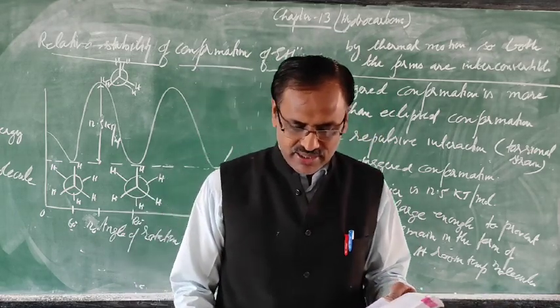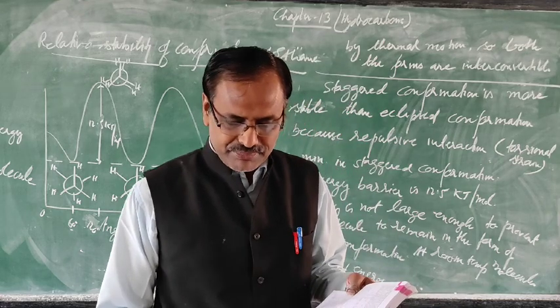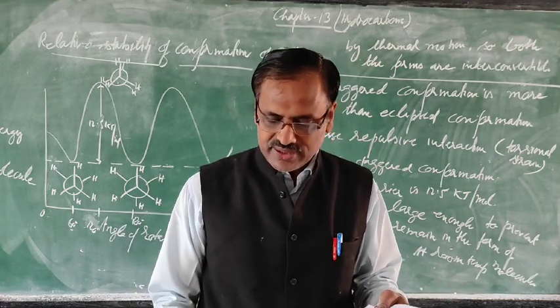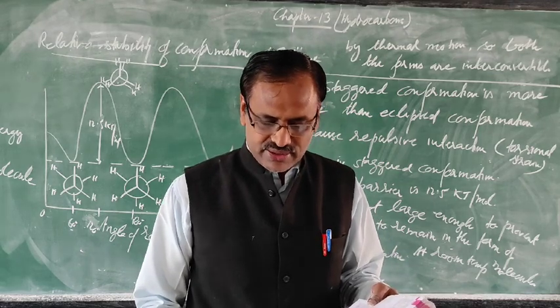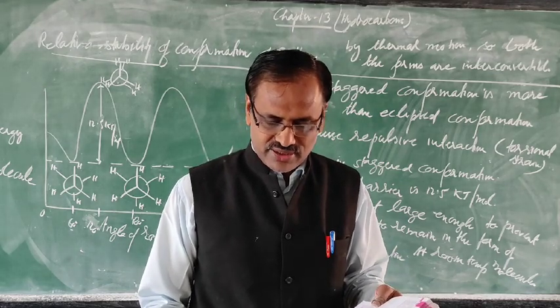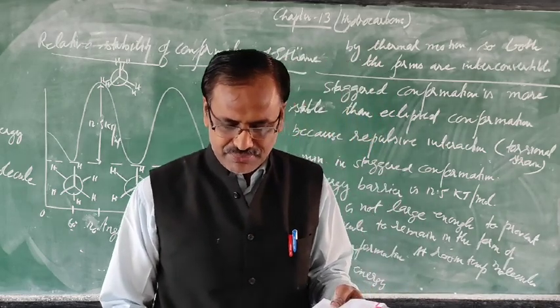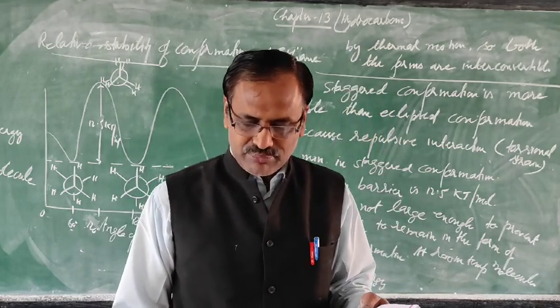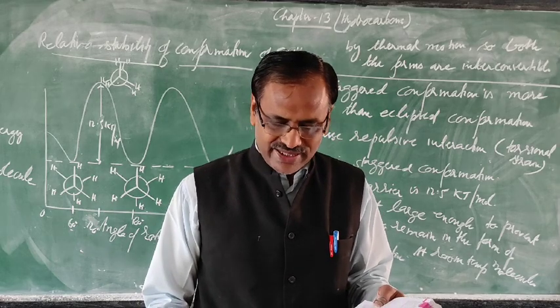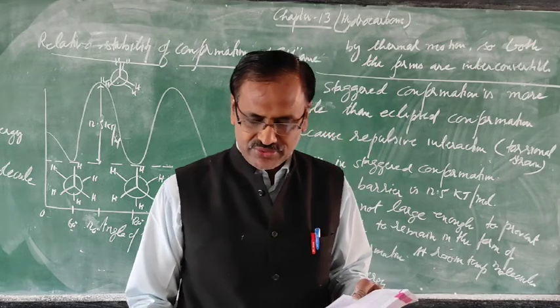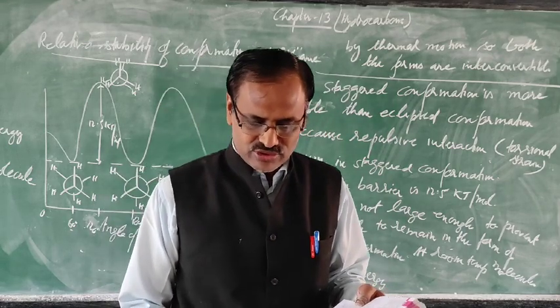You can mark that the stability of a conformation depends upon the repulsive interaction between the electron clouds. This repulsive interaction is called torsional strain. The magnitude of torsional strain depends upon the angle of rotation about the C-C bond. This angle is called the dihedral angle or torsional angle.